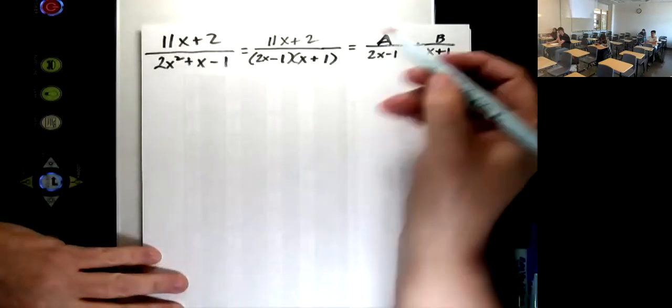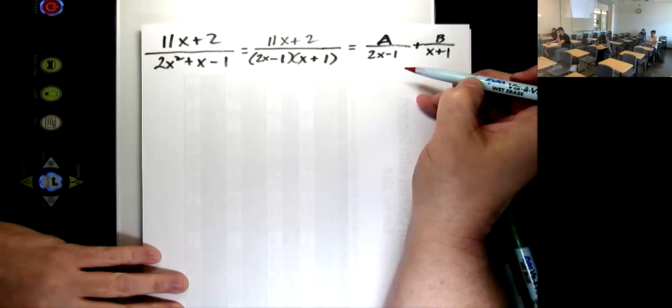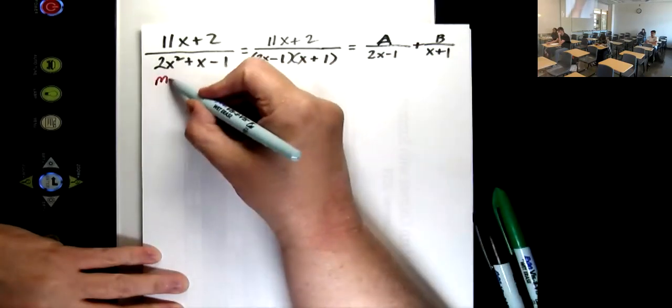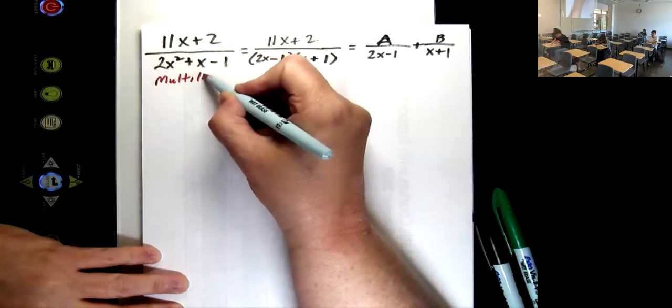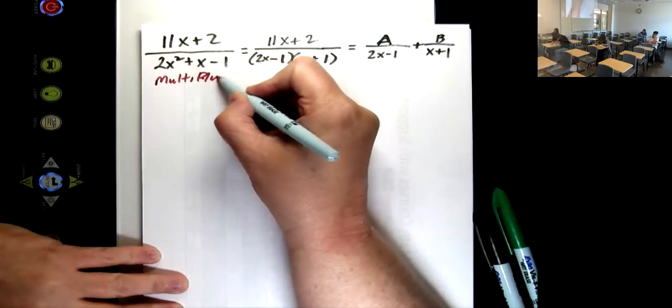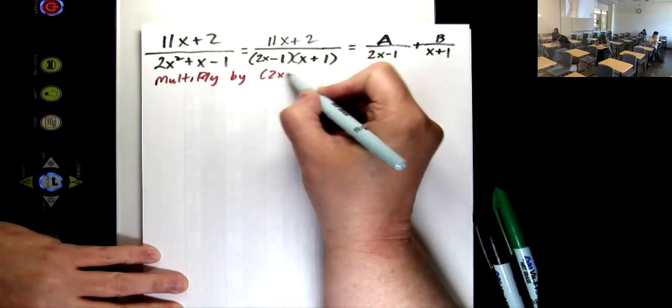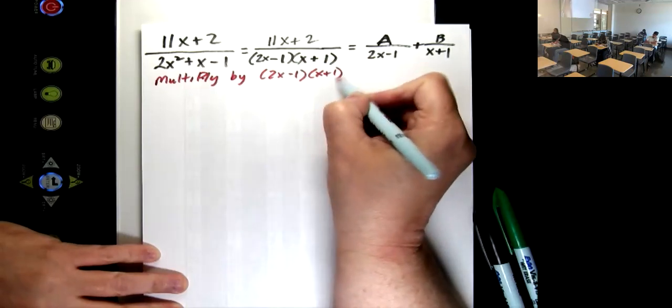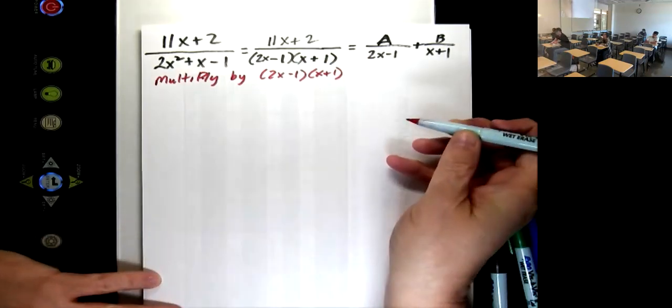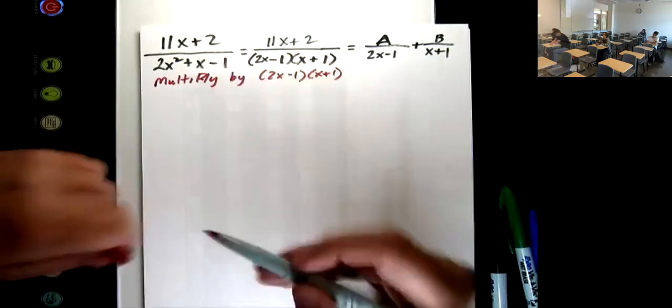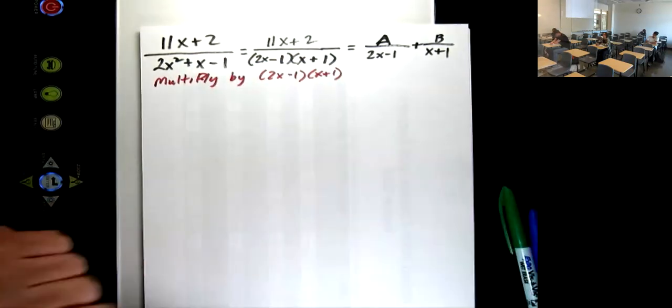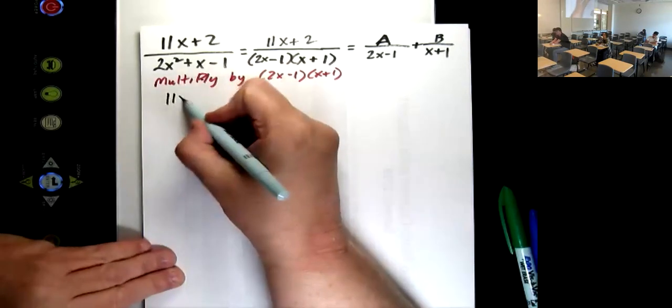If I go through and multiply by the common denominator, by 2x minus 1 and x plus 1, I get, on the left side, the denominator just goes away.